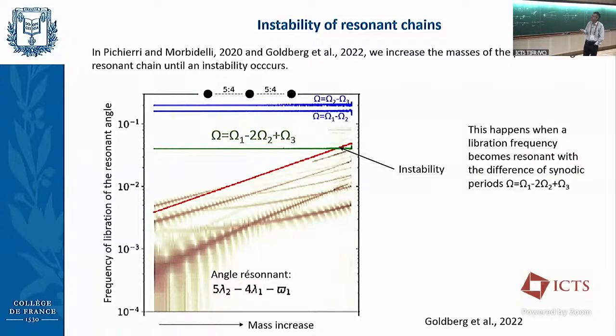And the instability occurs precisely when the fastest libration frequency equals this combination of synodic frequencies. So the instability of the chain is driven by an internal resonance within the resonance. It's a secondary resonance between a libration period in the resonance chain and a combination of the synodic frequencies.